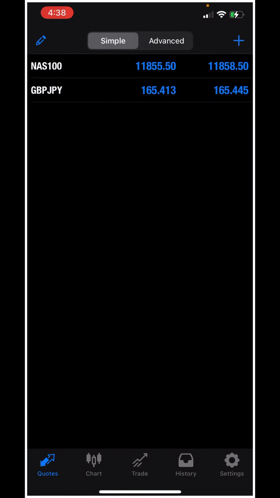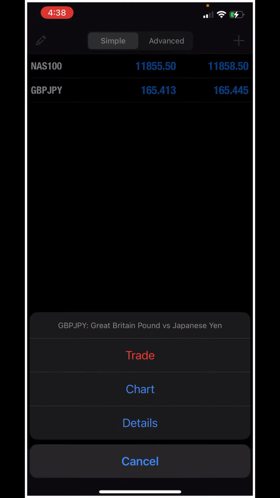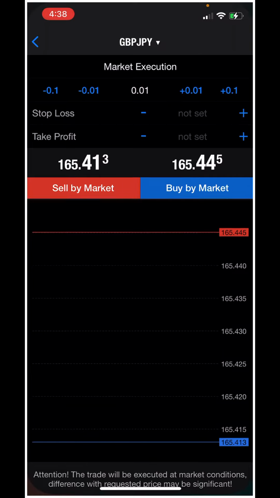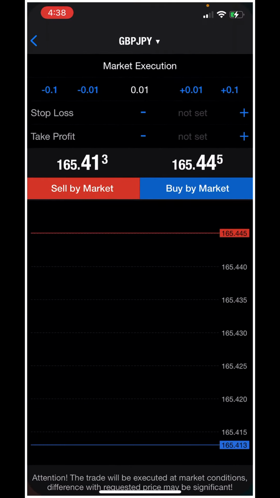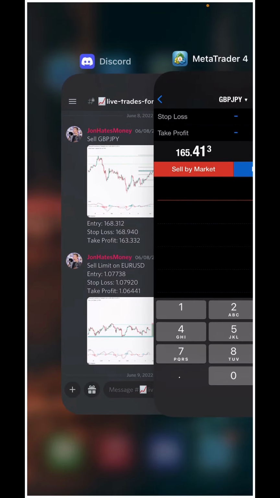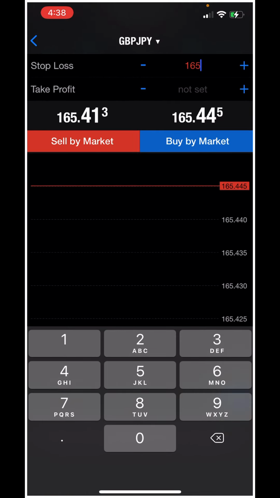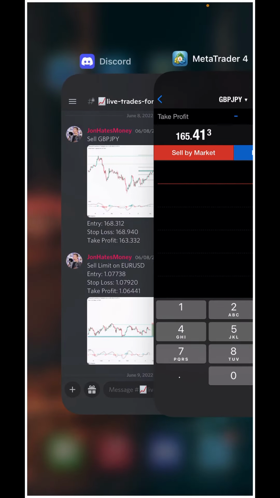So in order to do that, all you would do is come here to GBP JPY, click on it, hit trade. And you would just input the stop loss and take profit that we were putting in. So the stop loss is 168.94. And the take profit is 163.332.